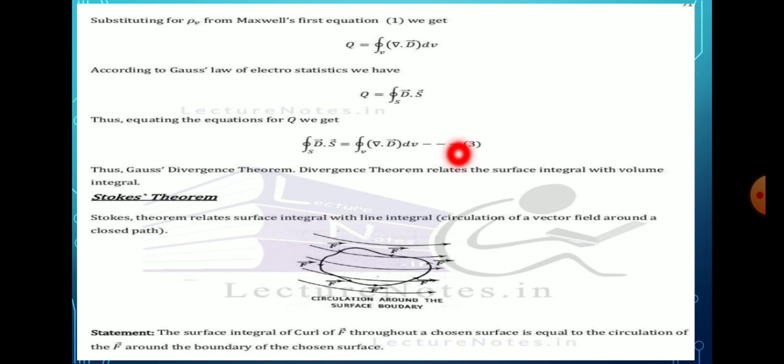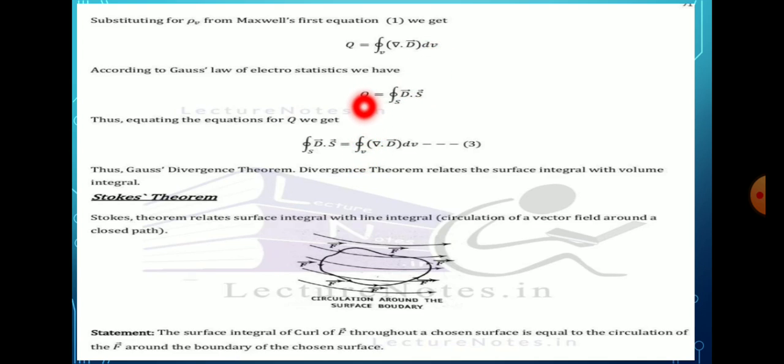Then comparing, or equating, the equations for Q, we put this equation where Q is present. Q means the closed integration over the volume V of del dot D bar into dV.